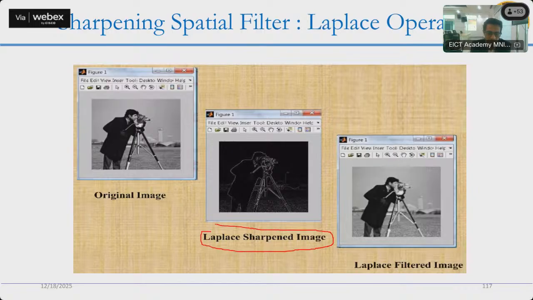It is like a sketch. For example, when you prepare a sketch of anything, it is like this one. And as soon as you add it to the original image, it comes out very clearly.